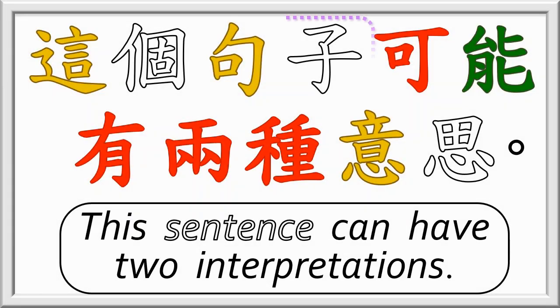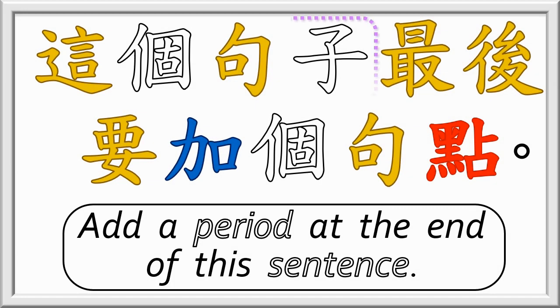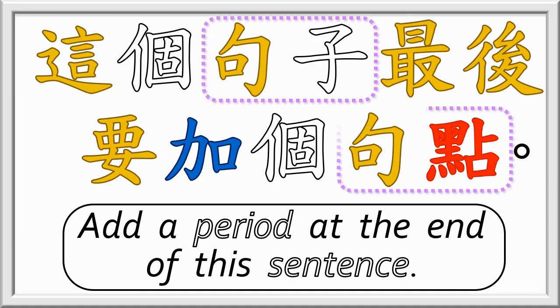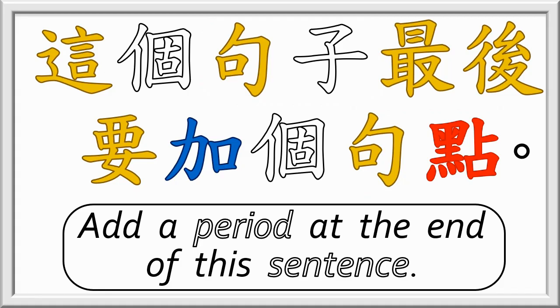An interrogative sentence is 问句, and a period or a full stop is 句点. 这个句子可能有两种意思. This sentence can have two interpretations. 这个句子最后要加个句点. Add a period at the end of this sentence.